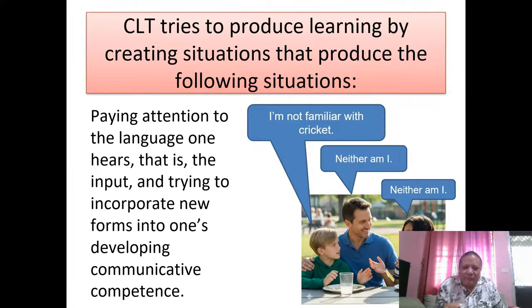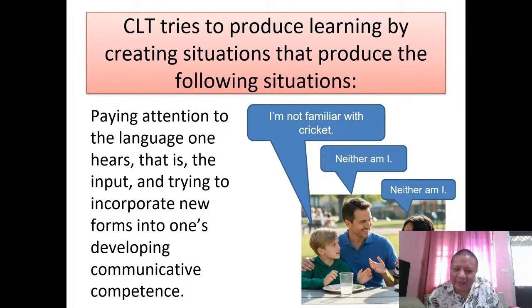Okay. CLT also tries to produce learning by creating situations that produce the following. Here's another one. Paying attention to the language one hears, that is the input, and trying to incorporate new forms into one's developing communicative competence. So if you look at the illustration, an American child said, I'm not familiar with cricket.